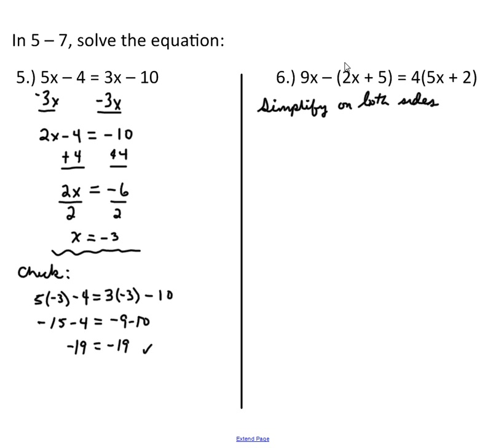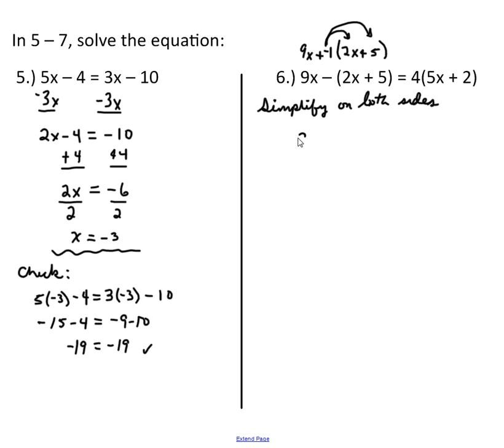In this case, on the left-hand side, we've got 9x minus the quantity 2x plus 5. If it helps you to think of it, this is exactly like saying 9x plus negative 1 times the quantity 2x plus 5 on that left-hand side. And thinking of it that way allows us to see that we should distribute the negative 1 not to just the 2x, but to both terms, 2x plus 5.